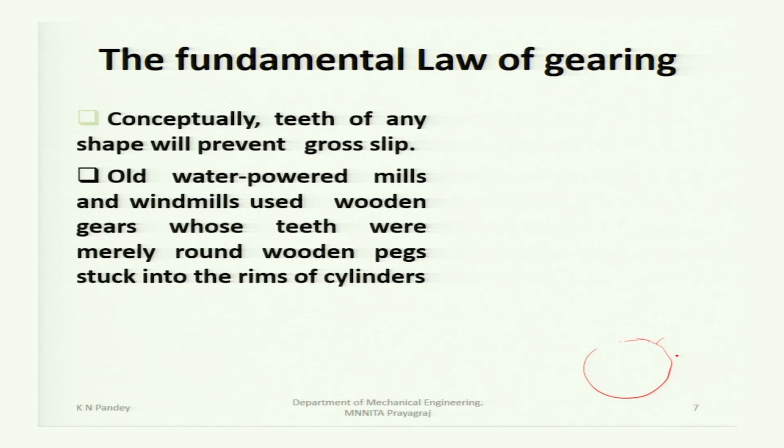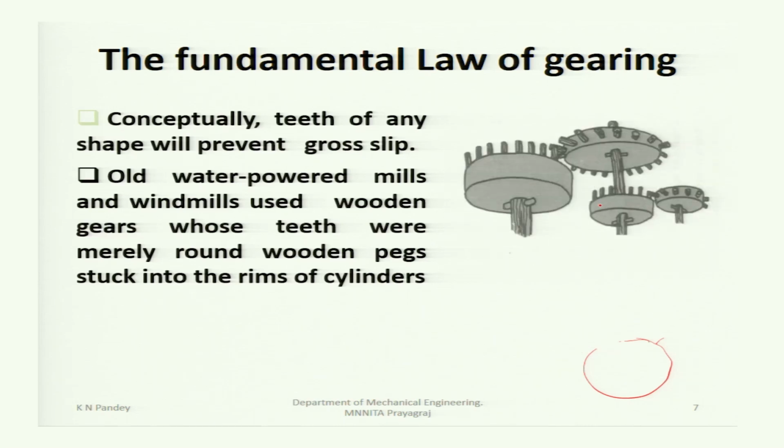If we see the old water powered mills and windmills, the teeth were merely wooden pegs stuck into the rim of wooden cylinders. They were simply wooden pegs engaged with each other, and thus they were transmitting power from this shaft to this shaft without any slippage.